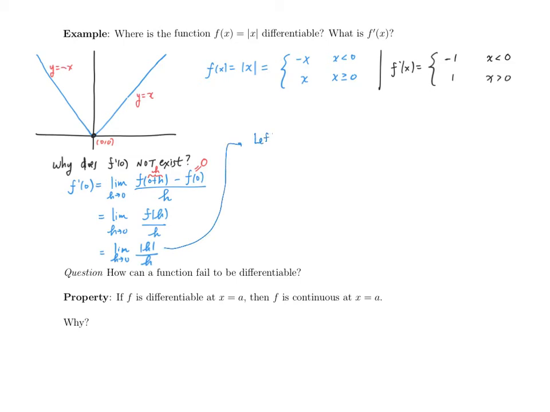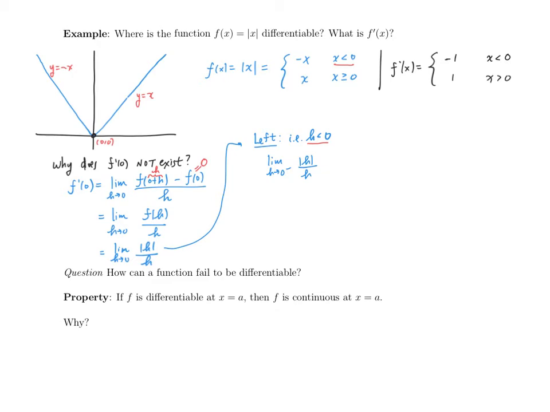If we want to think about from the left, i.e. h less than 0, we would have the limit as h approaches 0 from the left of the absolute value of h over h. Well, if h is less than 0, that corresponds to a negative input.